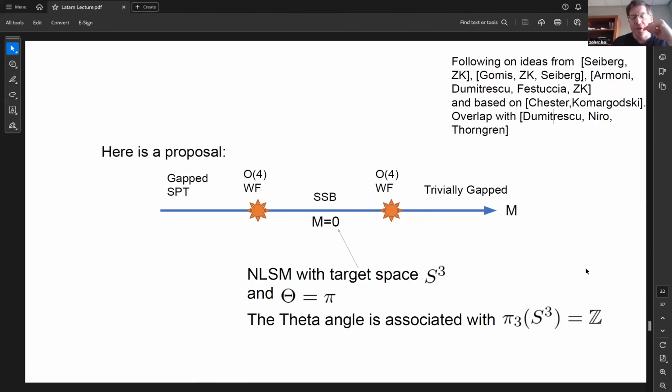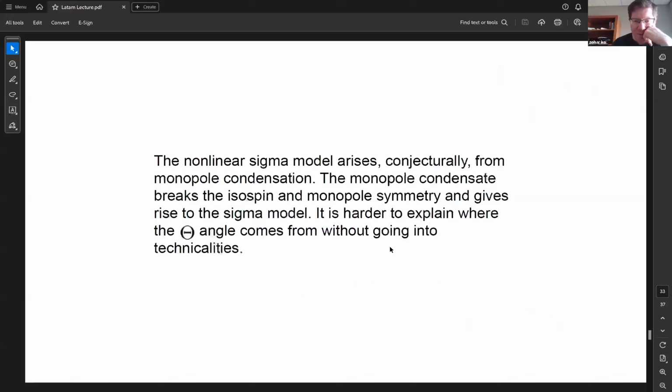In addition, because the 3-dimensional sphere has a third homotopy group, the Lagrangian for this arrow has a theta angle. And we put the theta angle to be exactly equal to pi at this point where the anyons are massless. So that's our conjecture. We believe that this is triggered by the condensation of a monopole.